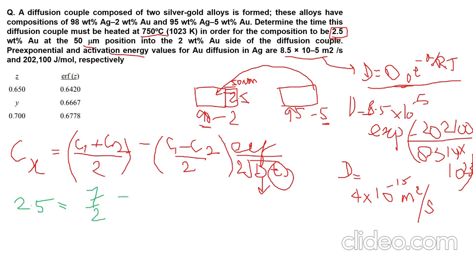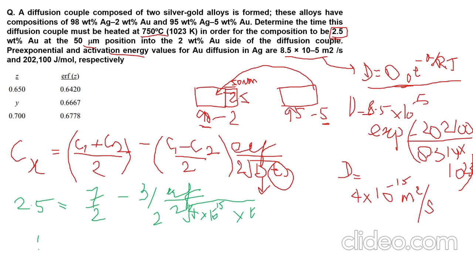And then we have the subtraction of the two, that will be 3 by 2. Then we have the ERF function divided by 2 under root of D. This is your D value, that is 4 multiplied by 10 to the power minus 15, and you have to find the value of your time.